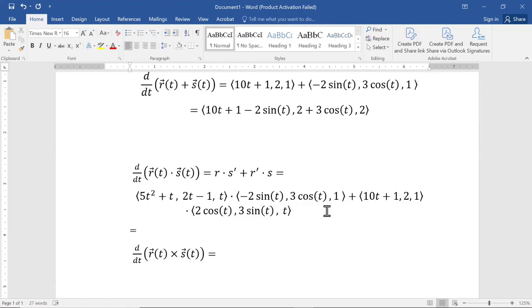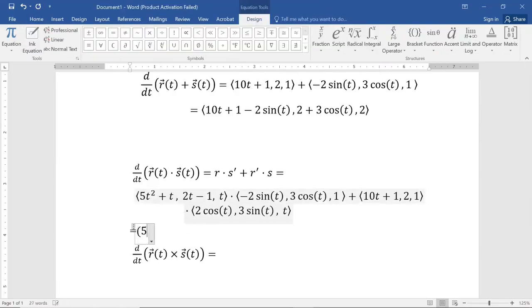we're gonna get, well, we're gonna get a lot of stuff. We're gonna get 5t squared plus t times negative 2 sine of t. Plus 2t minus 1 times 3 cosine of t.